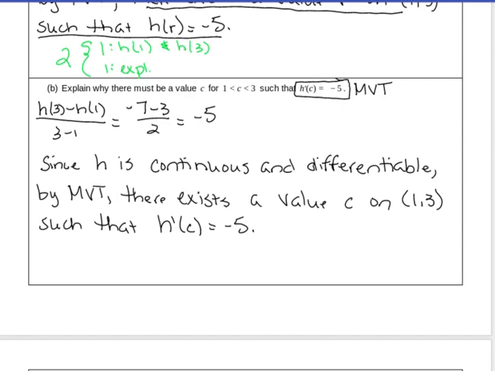So remember, the conditions for MVT are that the function must be continuous and differentiable, and the average rate of change is what we can guarantee.